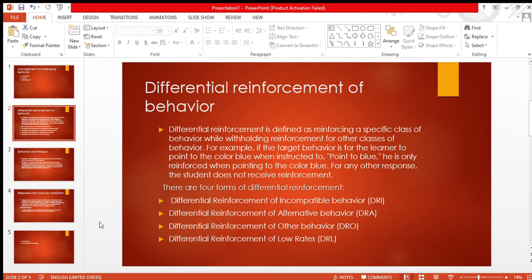Next we have DRL, low rates. Here we actually maintain the rate of the behavior, like it needs to be present but the rate should be low.